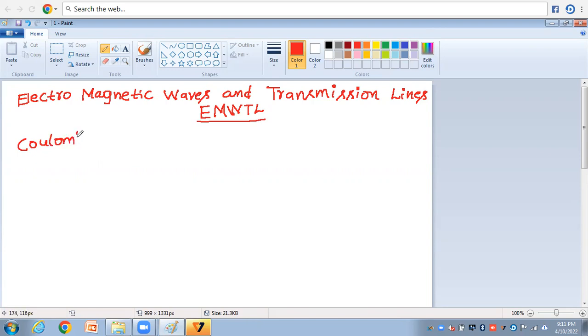Now, before going to Coulomb's law, let us consider 2 point charges. This is one, Q1. This is another point charge, Q2.